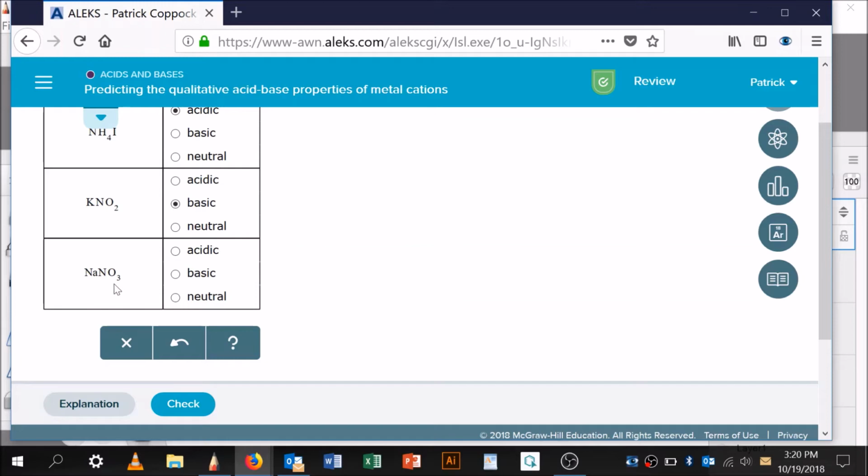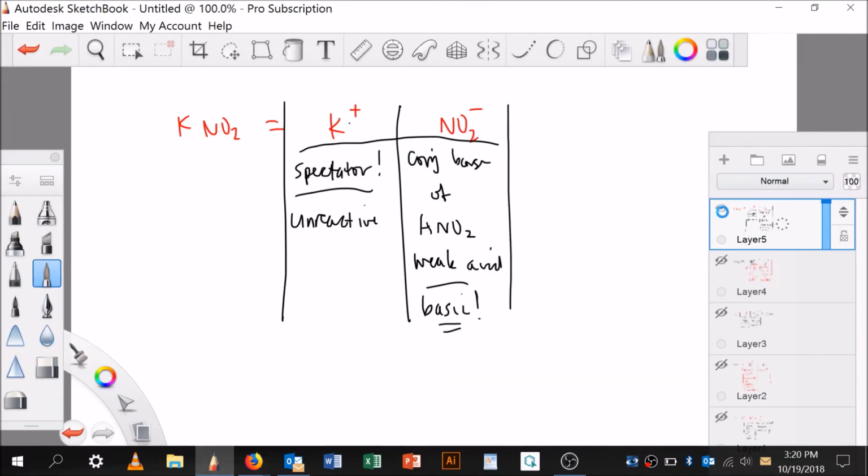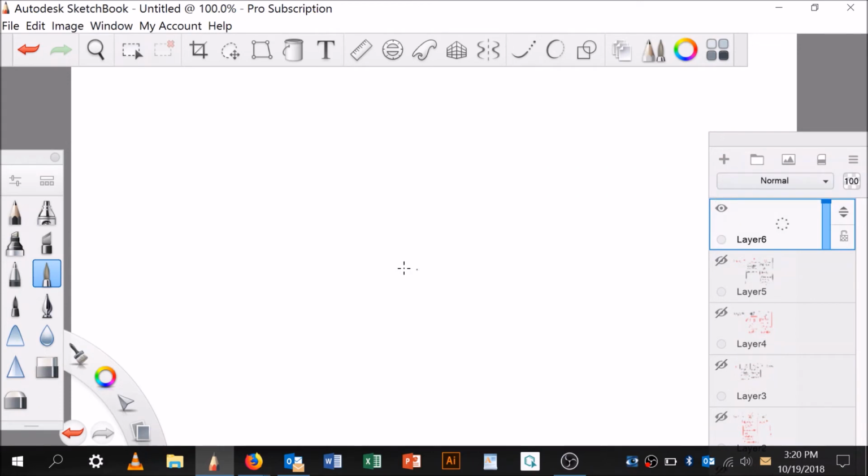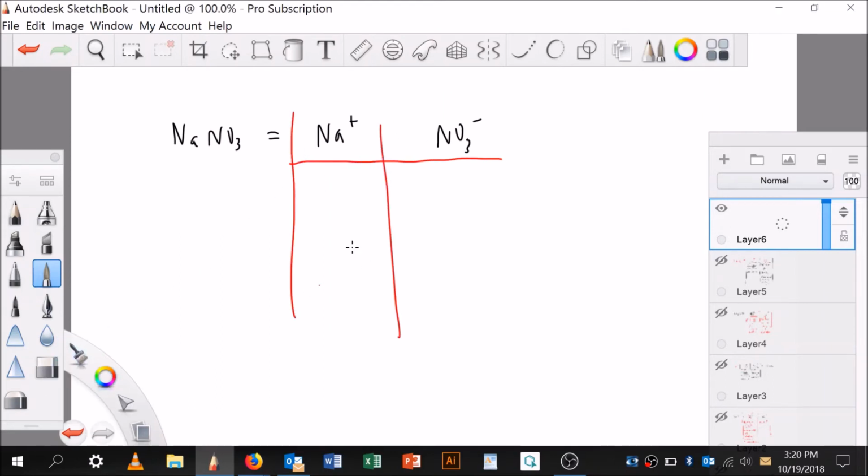All right. Let's do the same thing with sodium nitrate, which looks a lot the same, with an important difference. Sodium nitrate, which is really sodium and nitrate. So let's come over here. This is unreactive.